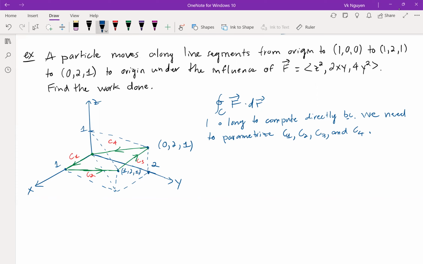So what is the best way to approach this problem? If you notice, the curve C does form a surface. Look at the surface.